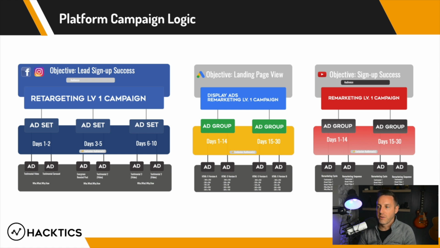But this is a good variation of how you would go and build that and really nest different ads inside of different ad sets. And on this, you could have a testimonial, right? Or testimonial carousel. And then on the next, after those 2 days pass on Meta, they would start seeing something else where maybe it's an evergreen boosted post. I like boosted posts. It's like Spark ads on TikTok. If you use them the right way, they're very, very effective.